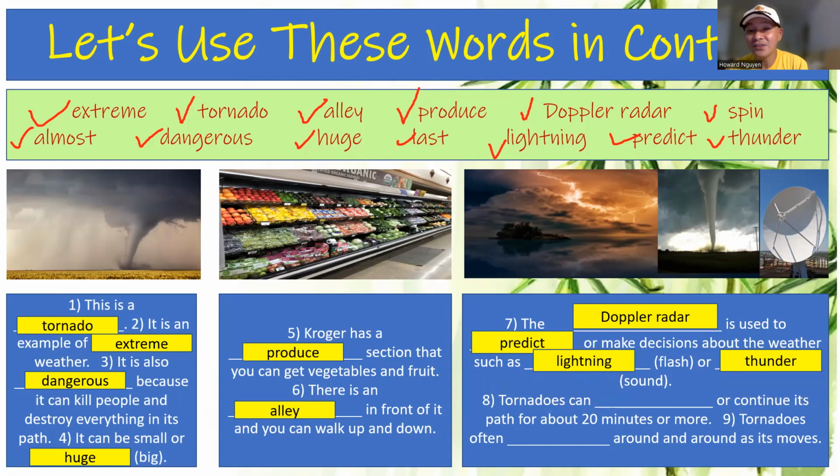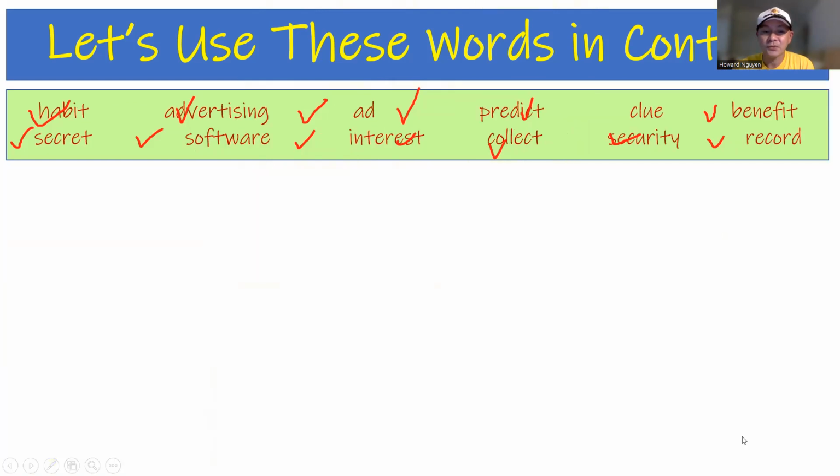So when you see thunder, of course, sometimes it's associated with lightning. Tornadoes can last or continue its path for about 20 minutes or more. Tornadoes often spin around and around as they move.